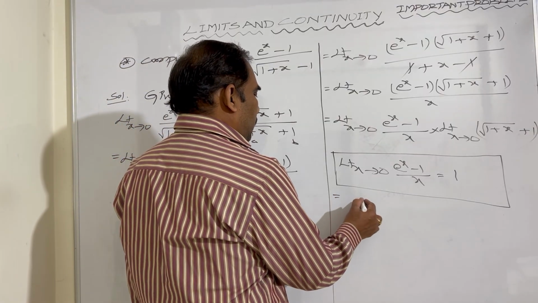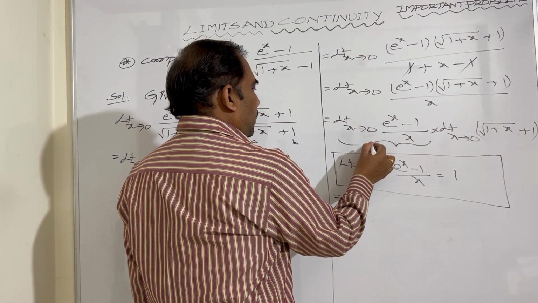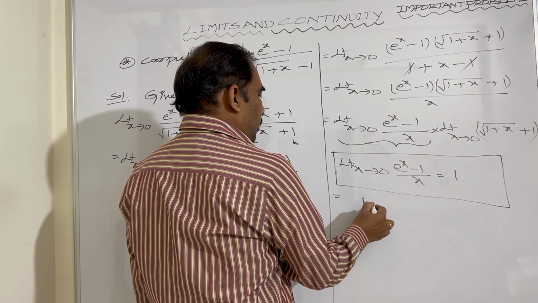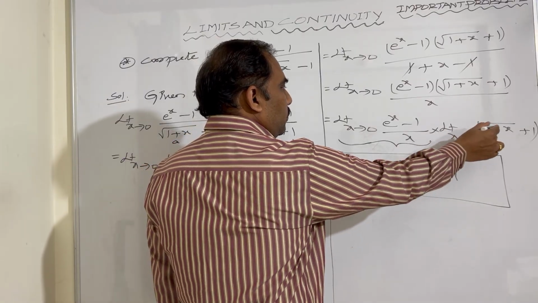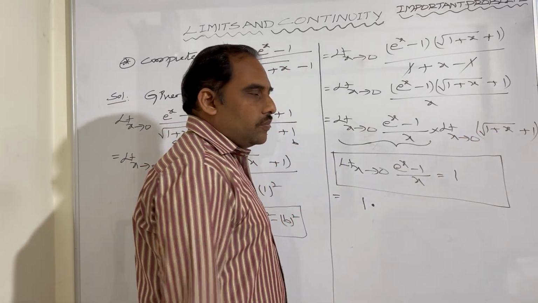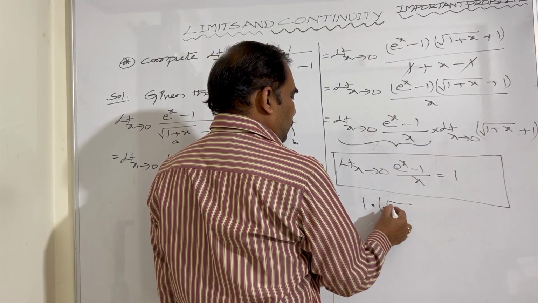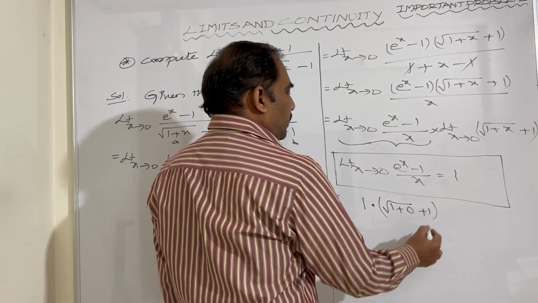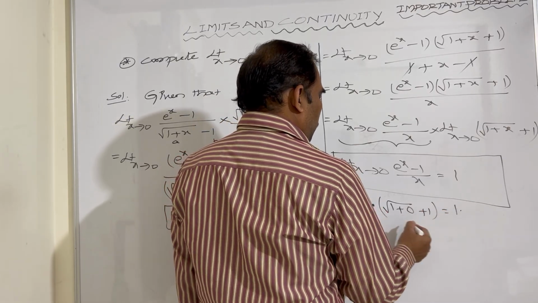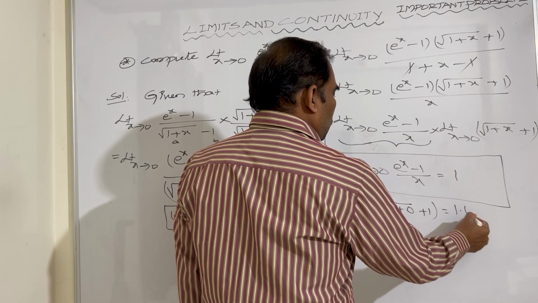So now this entire thing you can write as 1 into the limit as x tends to 0 of √(1 + x) + 1. So x is approaching 0, that's why replace x by 0. So finally what we get here is 1 into √1 + 1. 1 plus 1 is what? 2.